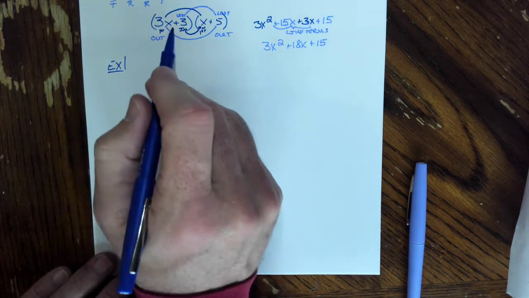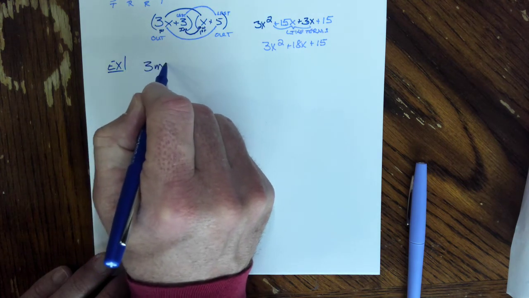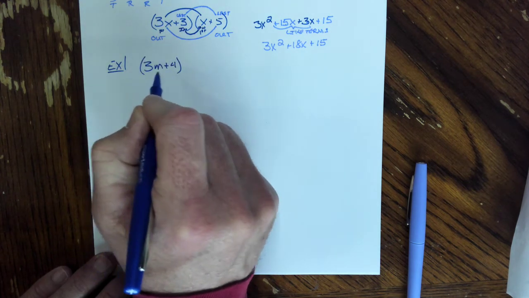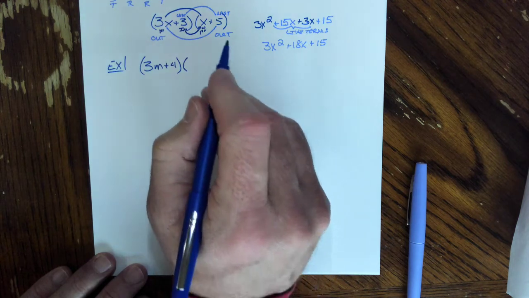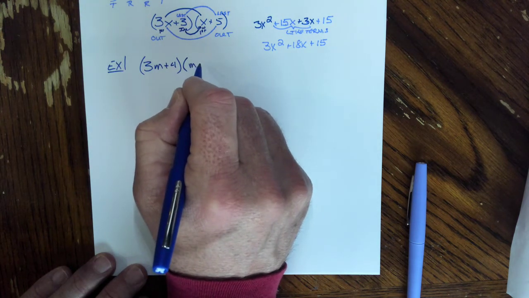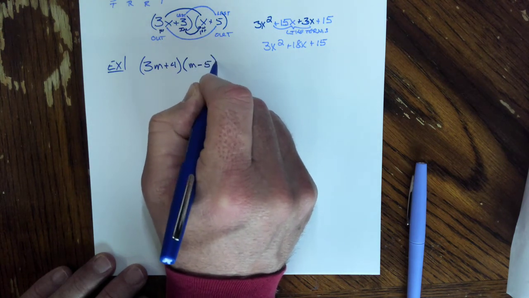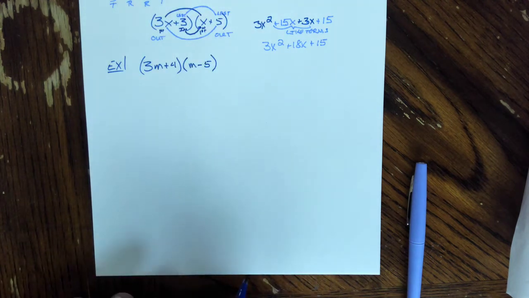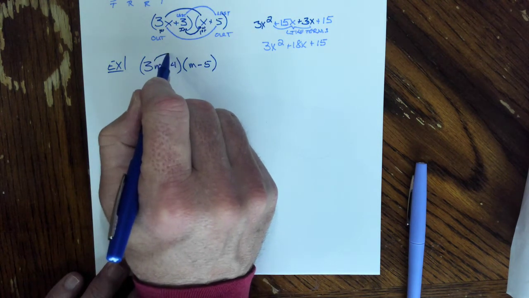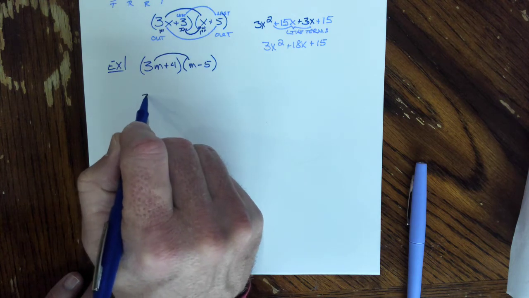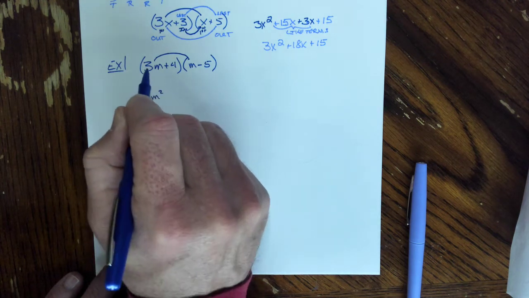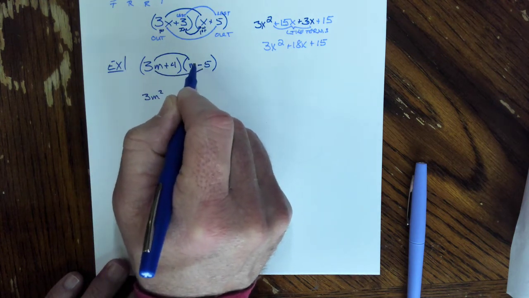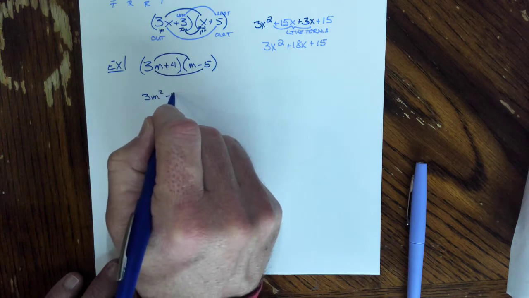For better explanation, if I give you this one, let's go 3m plus 4 times the quantity of m minus 5. So, first terms, here they are. First terms, 3m squared. Outer, negative times positive, negative 15m.